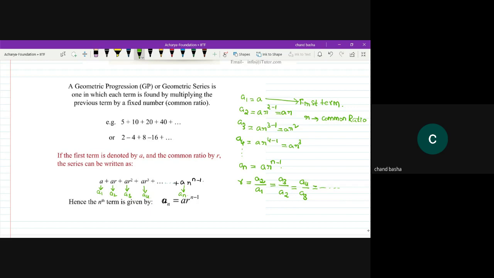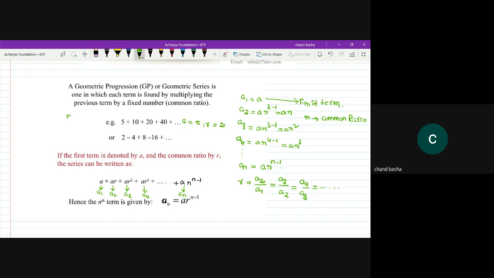Let us see the examples. If I'm observing 5, 10, 20, 40, and so on, what is the first term here? A is equal to 5. What is the common ratio? R is equal to 2. How can we find the R value? 10 divided by 5, 20 divided by 10, 40 divided by 20.